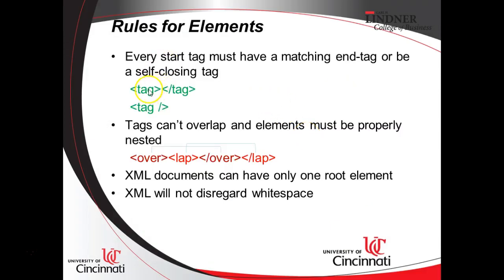Okay, some rules for elements. We talked about what a start tag is and a close tag. So an opening element or an opening tag will have a less than symbol, the name of the element, and then a greater than symbol. If we have that, then we also have to have a closing tag, which is going to be a less than symbol, then the slash. On the American keyboard, that's the slash on the question mark key.